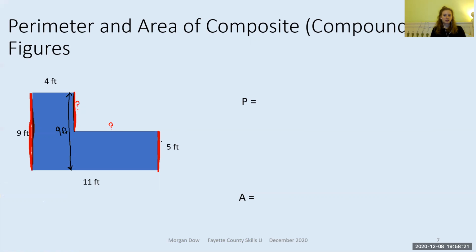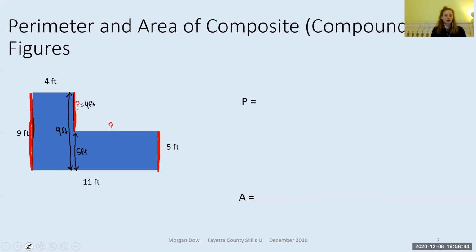And then if I take this 5-foot measurement and move it on over, that would tell me that from here to here is 5 feet. So the missing piece here has to be 4 feet, right? 5 feet and 4 feet altogether gives us that total amount of 9 feet.